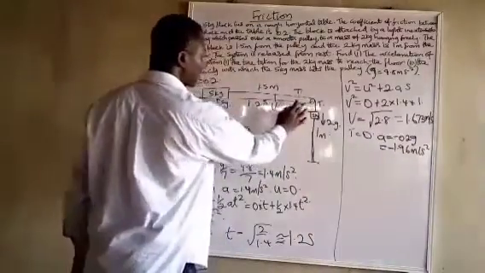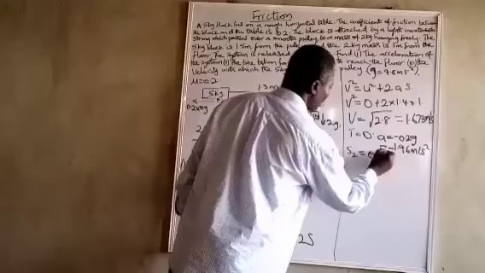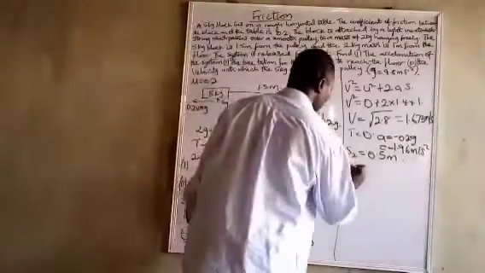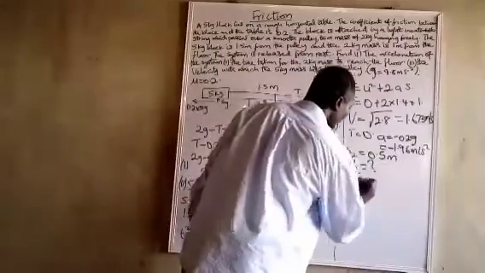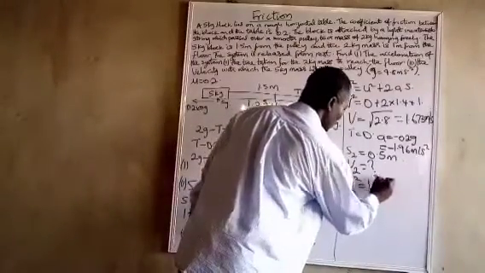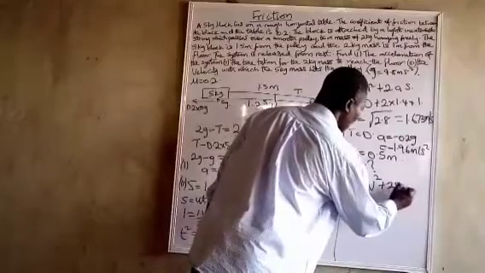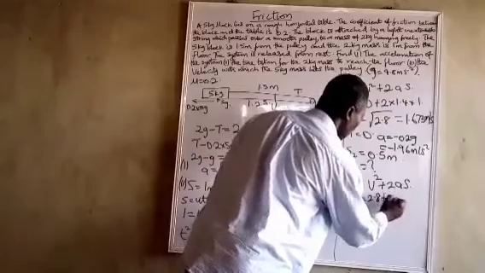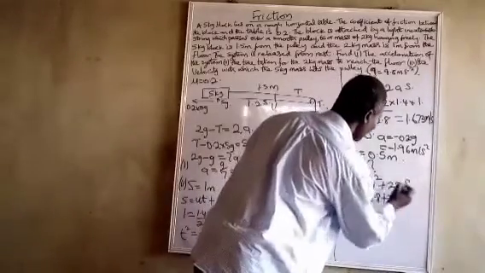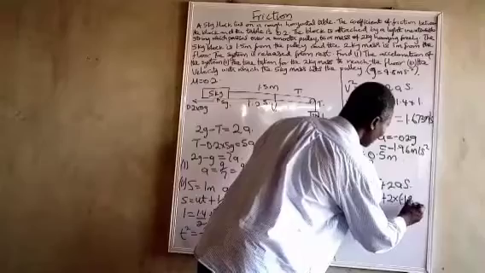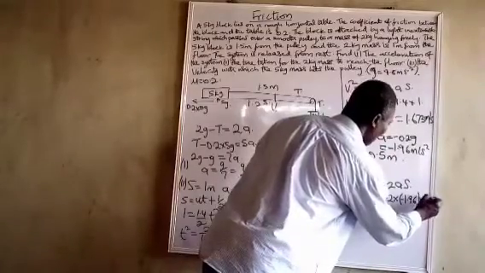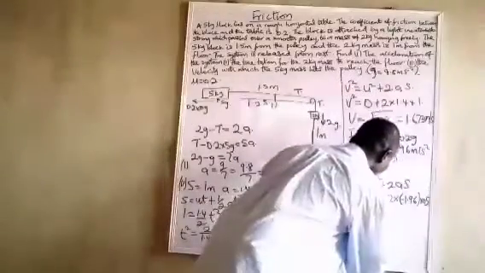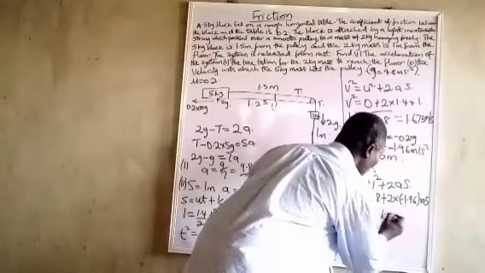And the distance from here to here is 0.5 meters. So the velocity with which it will reach this place, let's call that v2. v2 squared is equal to v squared plus 2as. It's going to be 2.8 plus 2 times minus 1.96 times 0.5, so 2.8 minus 1.96.